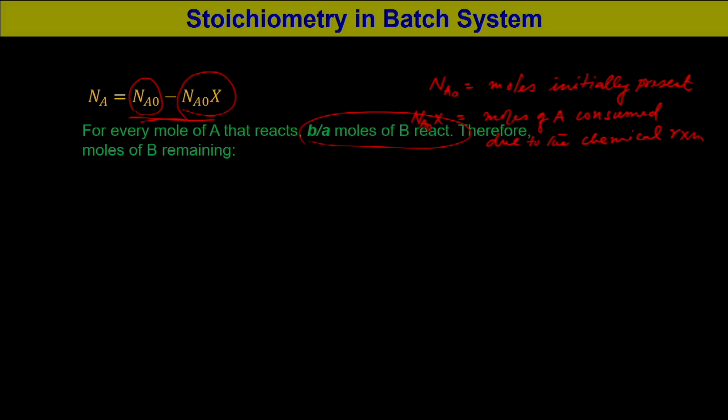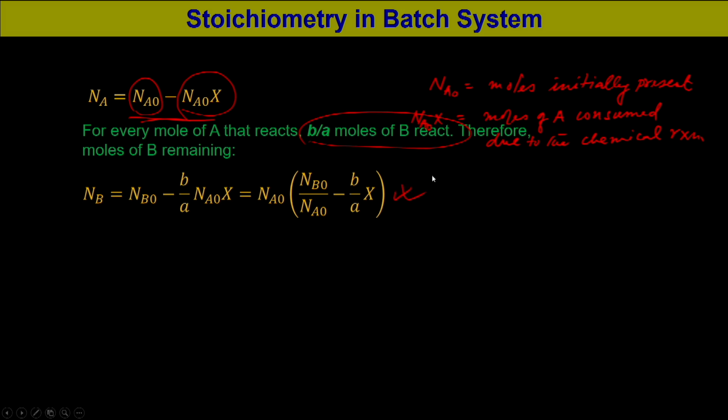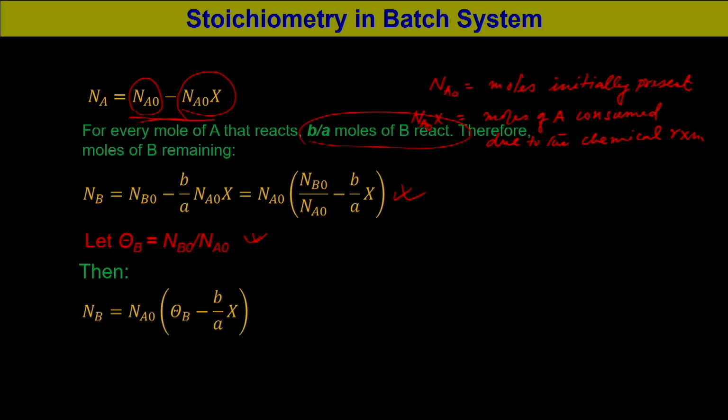Therefore, the moles of B remaining would be Nb equal to Nb naught minus B by A Na naught X. So, it would be Na naught into Nb naught by Na naught minus B by A X. Let theta b be the ratio of the initial moles of B divided by the initial moles of A. Then we can write Nb equal to Na naught into theta b minus B by A X. Since Nb naught by Na naught is the ratio of the moles, it is a dimensionless term, so theta b is for simplification.